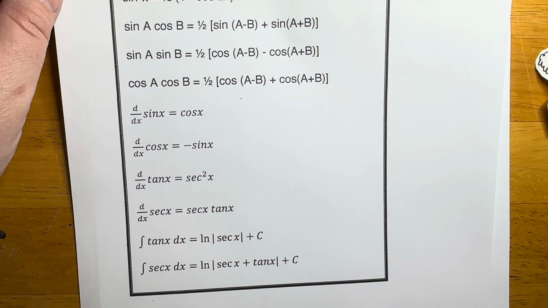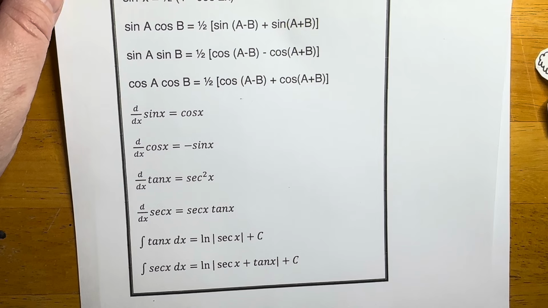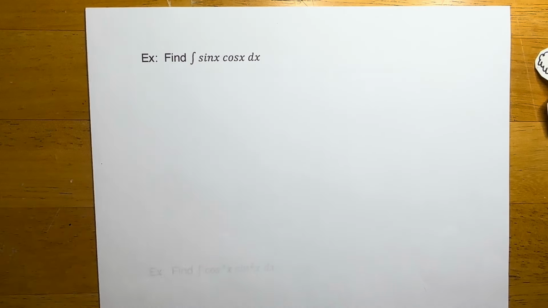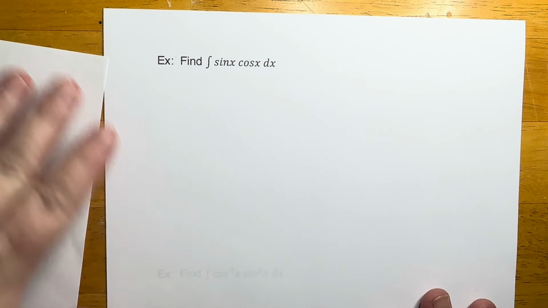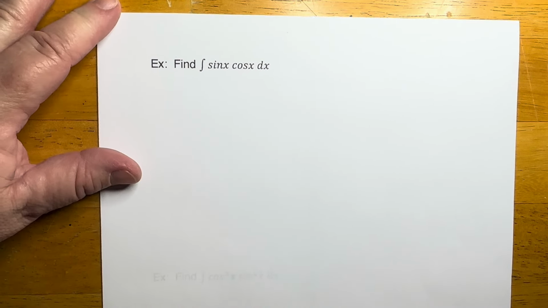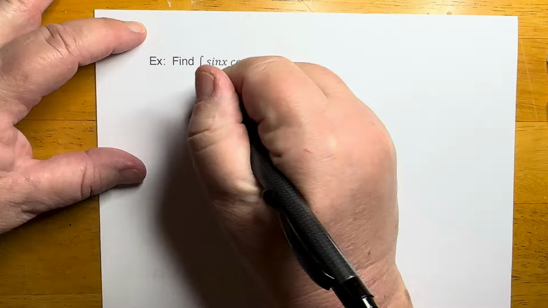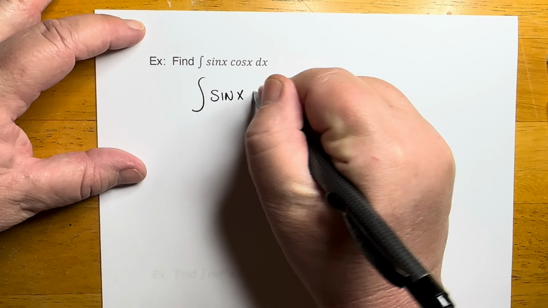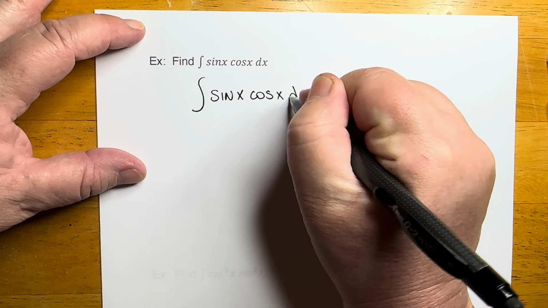Okay, so let's go ahead and get started. Let me see if I can help you get some insight into some choices you could make. We're going to start off with one where I'm asking you for the integral of sine of x cosine of x dx.